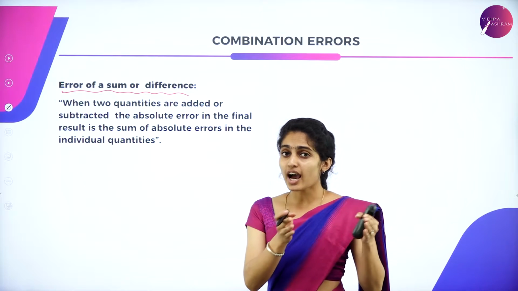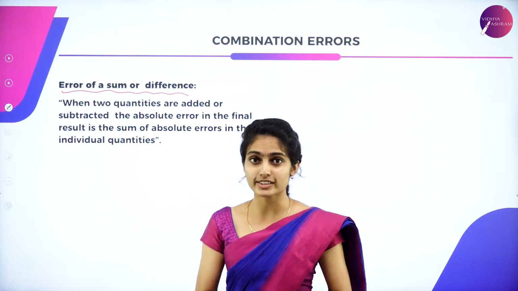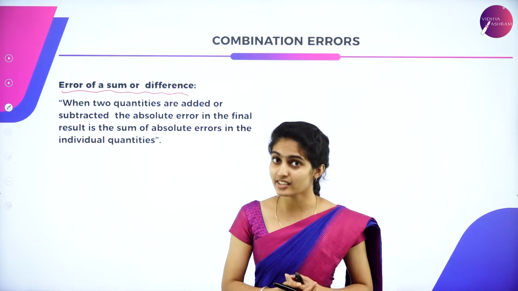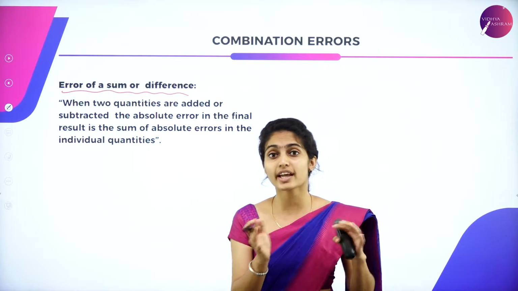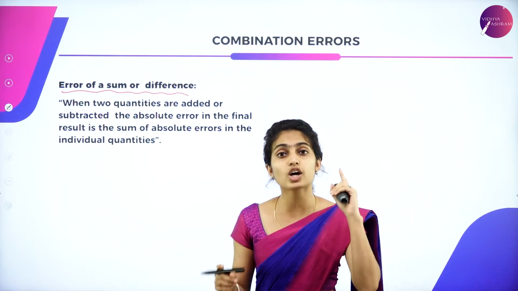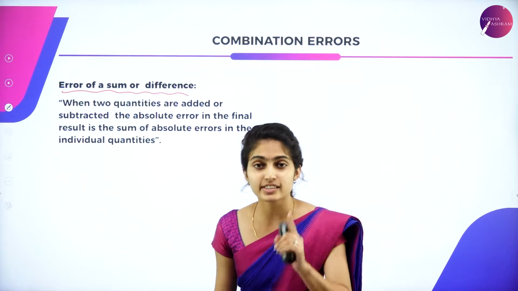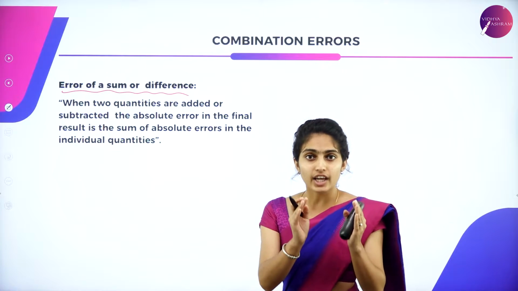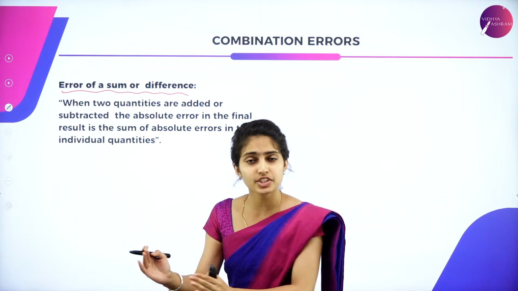You can either add a quantity or subtract a quantity, and the error associated with any of these quantities are always added and not subtracted. That is what is there in this rule. Either you take up addition or subtraction.